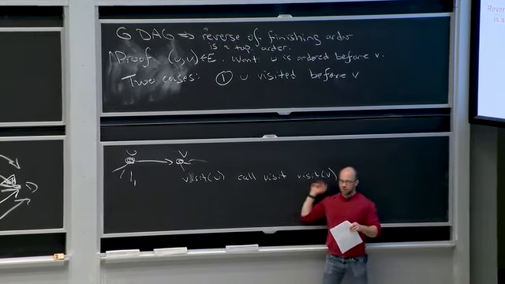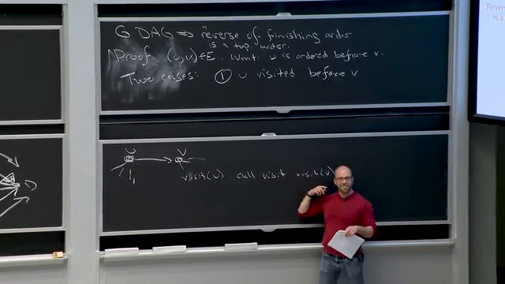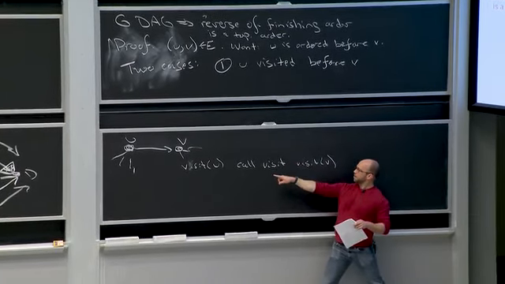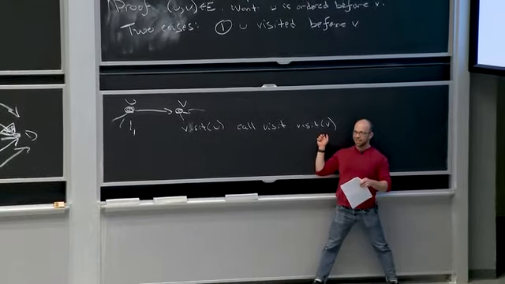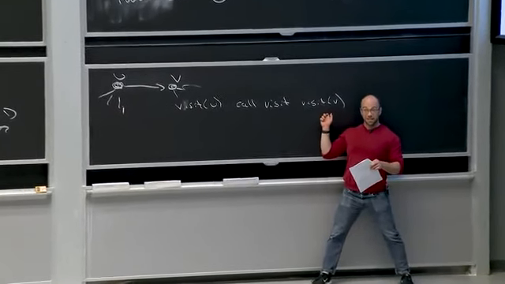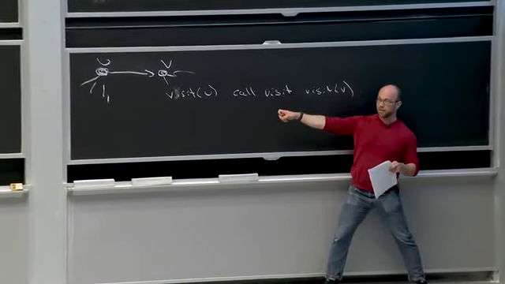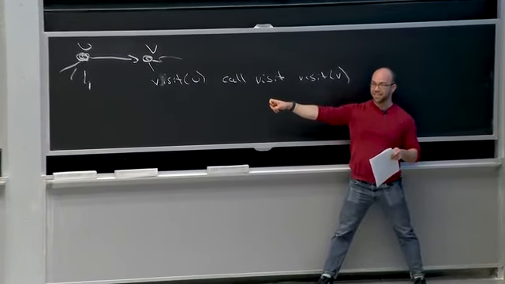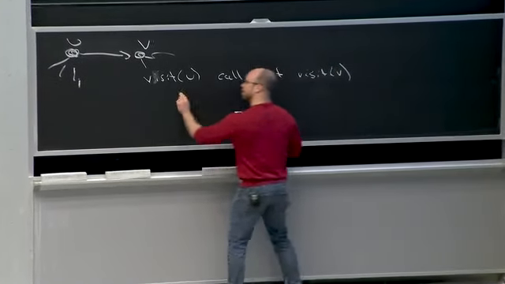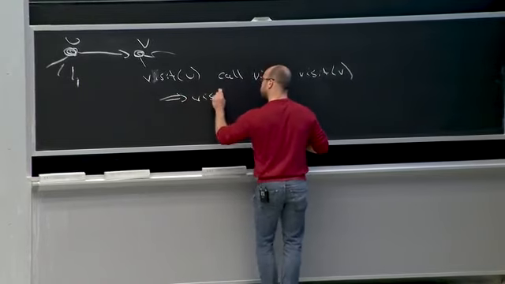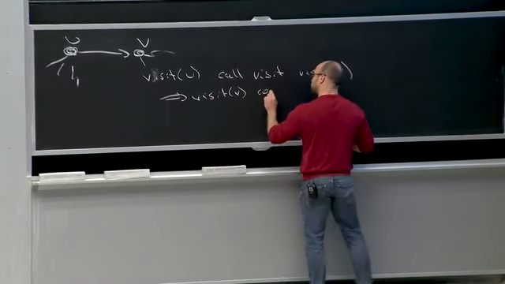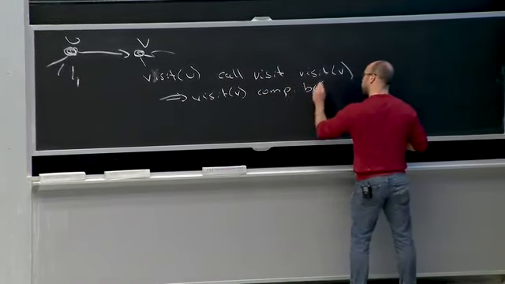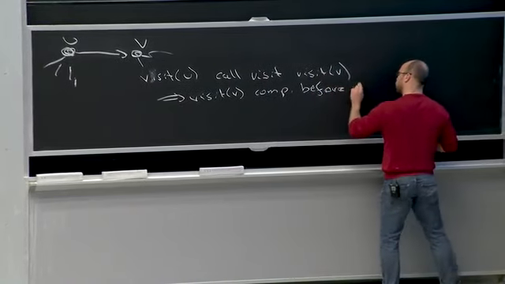Now here's where reverse ordering, we're going to have to keep it in our head, right? Because now, visit of u calls visit of v. So notice that visit of v has to complete before visit of u, right? v completes before visit of u.